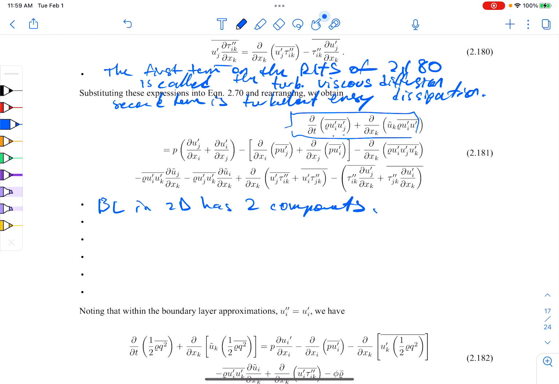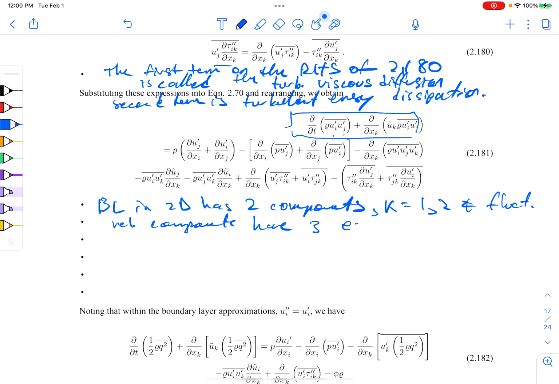And we can have k equals 1 to 2, for example. We would drop the third component, right? So there's no 3. And the fluctuating velocity components have 3, k equals 1 to 3. So that should reduce the equation a little bit.